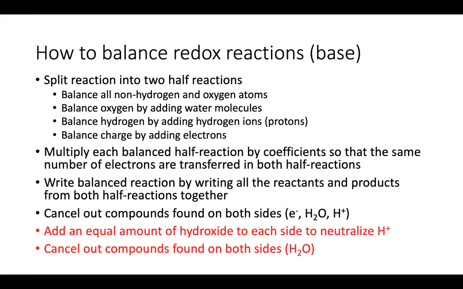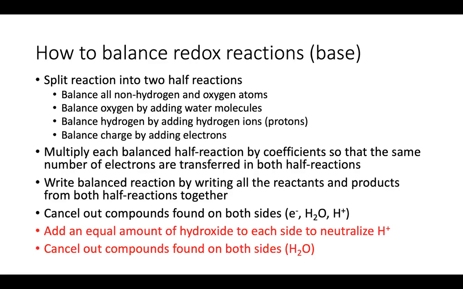This set of steps you'll notice looks almost exactly the same. This is how to balance a redox reaction in base. The only difference is the step at the end. They're both in red. Right before the red words, it says cancel out components found on both sides. That was our final step to balance in acid. Once you've balanced your redox reaction in acid, you're going to add an equal amount of hydroxide to each side to neutralize H plus.